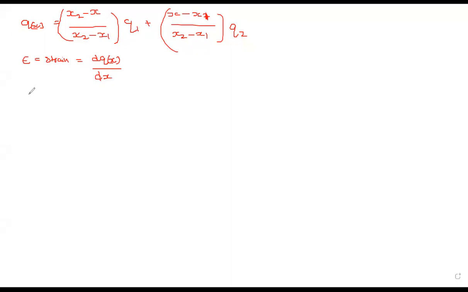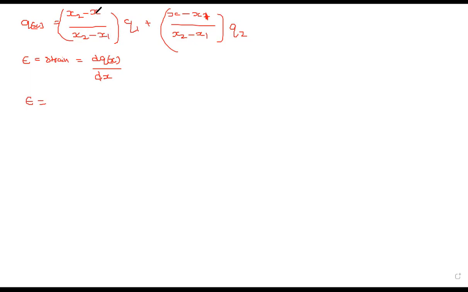If you do the differentiation, the strain can be defined as x2 by x2 minus x1 times q1. There is no x term, therefore it is 0. So only minus x by x2 minus x1 into q1.